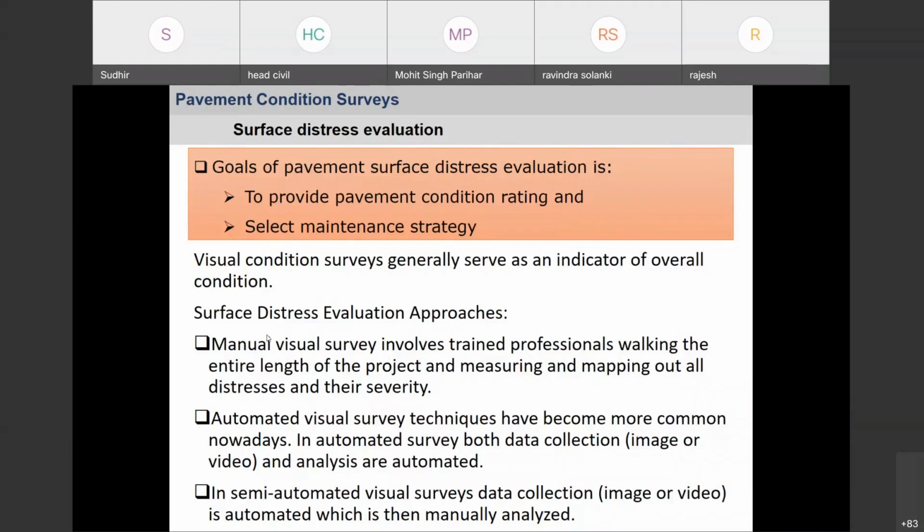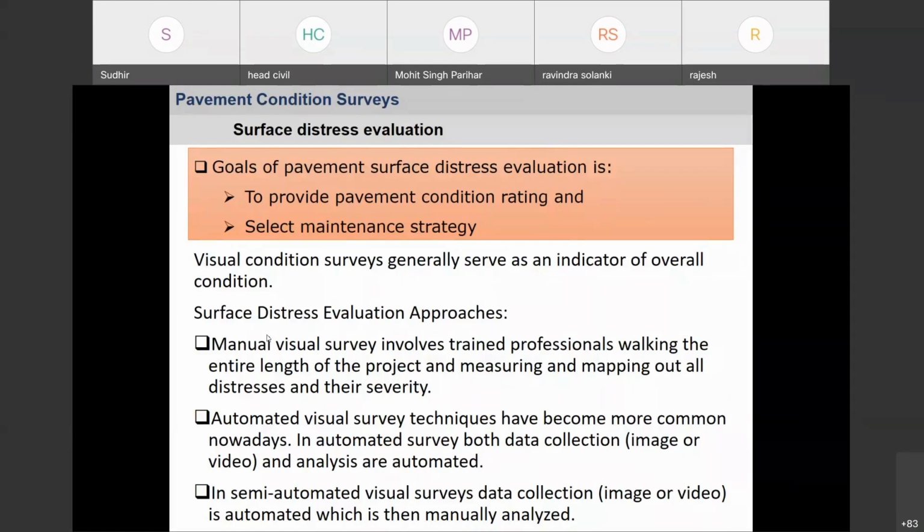So you are manually measuring whatever distresses there are, and you are mapping this out in the form of a map, a distress table or a distress chart. In addition, you might also note down the severity level of the distresses that you are seeing on the road. So this approach of surface distress evaluation is basically a manual approach.